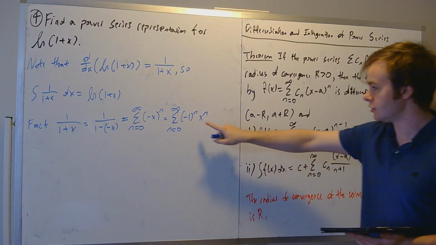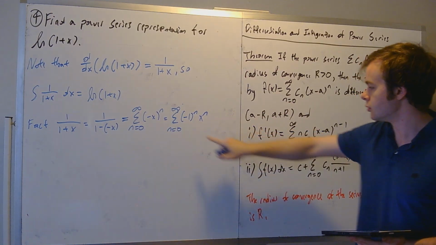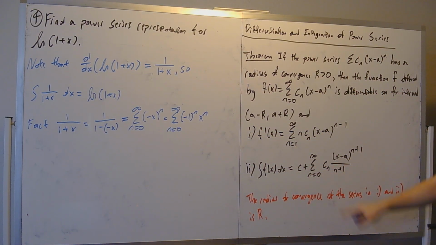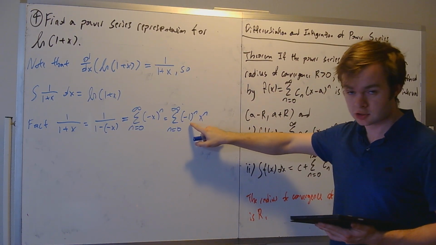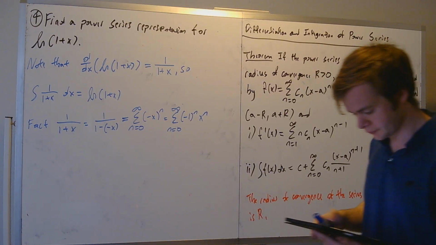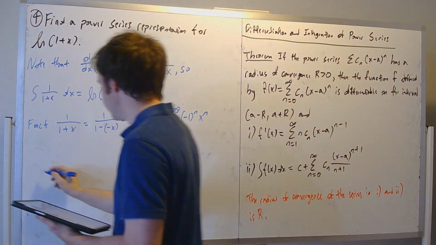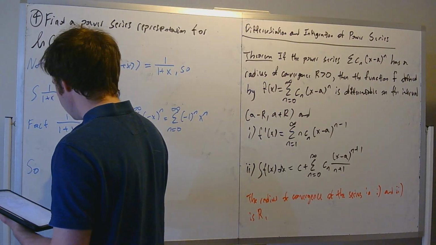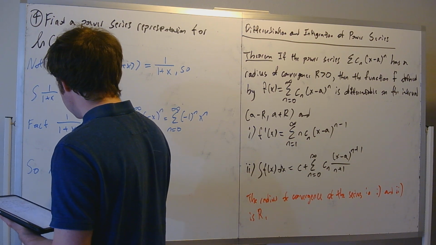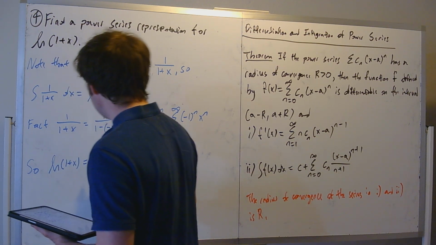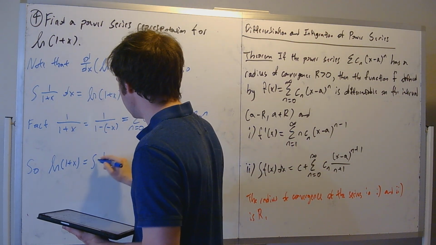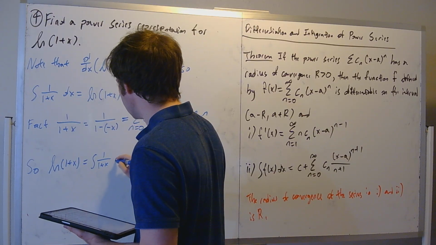And now we've got to take the integral of this power series, but we said we can just use this theorem to take the integral of each term of the power series. Okay, so we know that the natural log of 1 plus x is equal to the integral of 1 over 1 plus x dx.